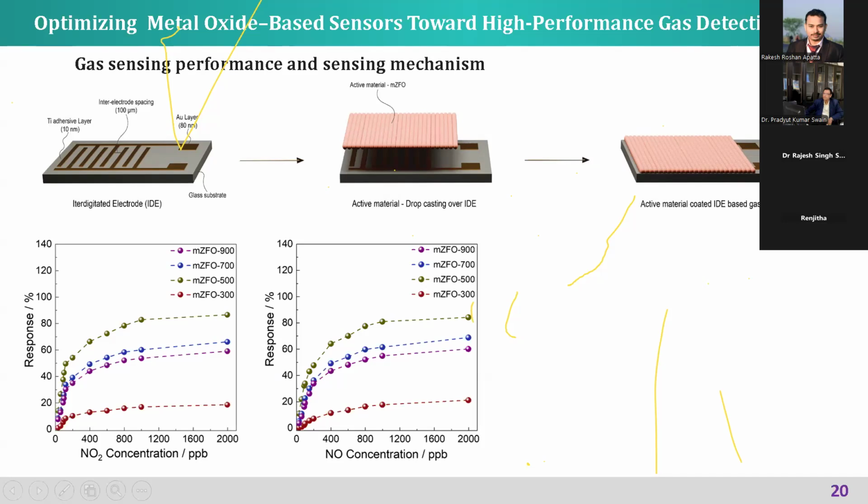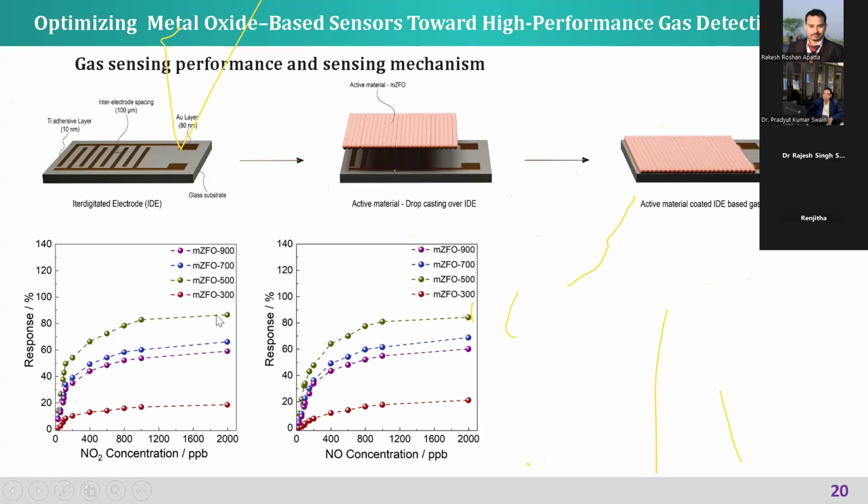Then we go on to study the response for the different gases. In this case, we have used the NOx gases, that is NO2 and NO, and we vary the concentration and study the response for all the samples.